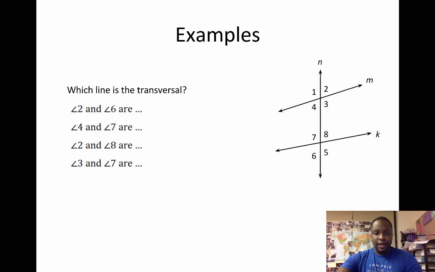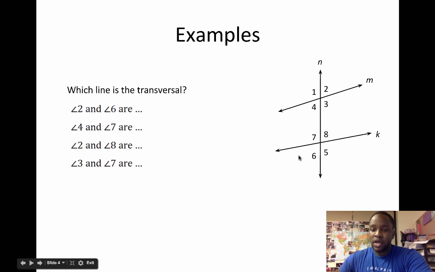So now that we've named, let's figure out how we can identify. Angles 2 and 6 are what? They are on opposite sides and they're on the outside. So they would be alternate exterior angles. 4 and 7 are same side interior angles because they're on the same side of the transversal and on the inside of the two lines. 2 and 8, they're on the same side of the transversal, so they're not alternate interior or alternate exterior.